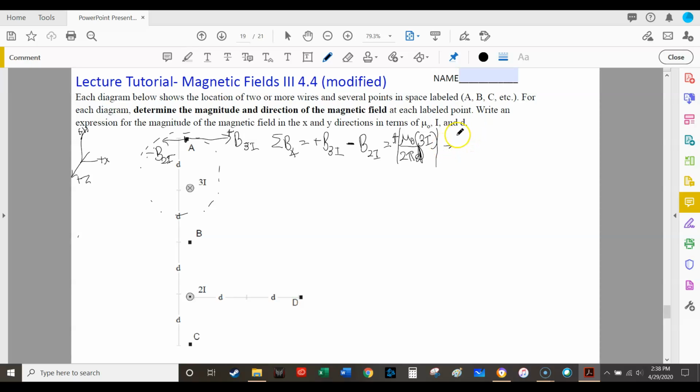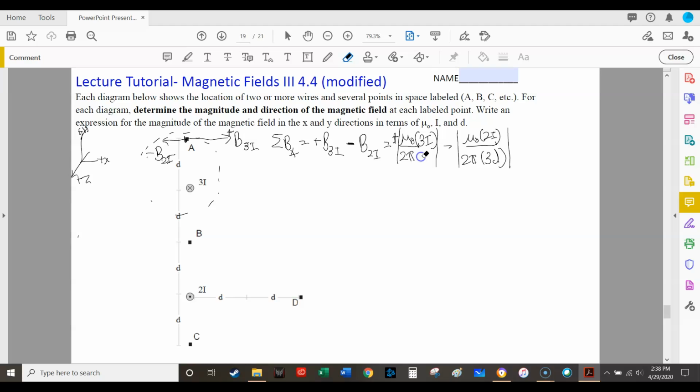The 2I wire also has a magnetic field, but that's a 2I, and that's a distance how many d's away? Well, it's going to be 2 pi times a distance of 1, 2, 3 d's from that. Okay. I'm going to actually do something real quick.